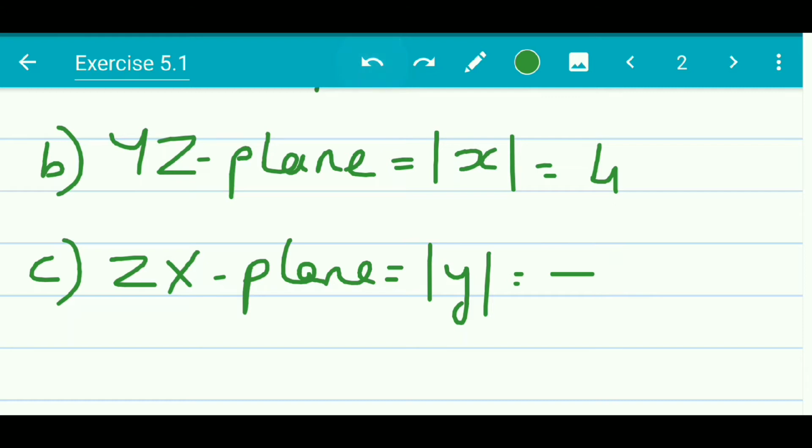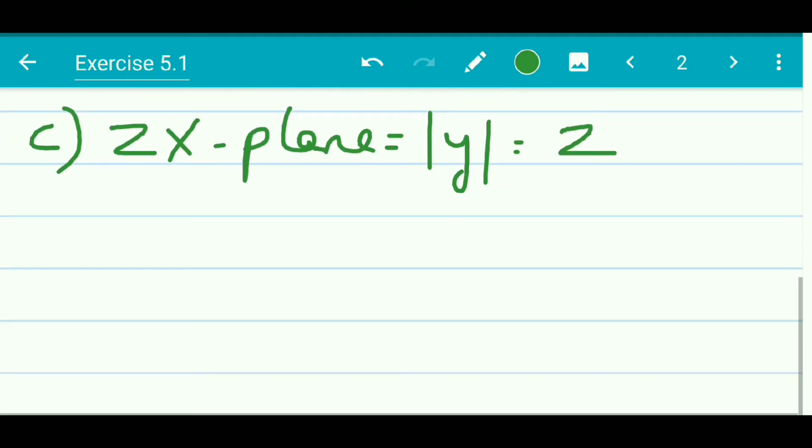So distance cannot be negative. So you people don't make this mistake here. So distance of the point P from the zx plane becomes 2, because minus 2 is the y coordinate. Mod y means 2. Now the next point, distance of P from the x axis.